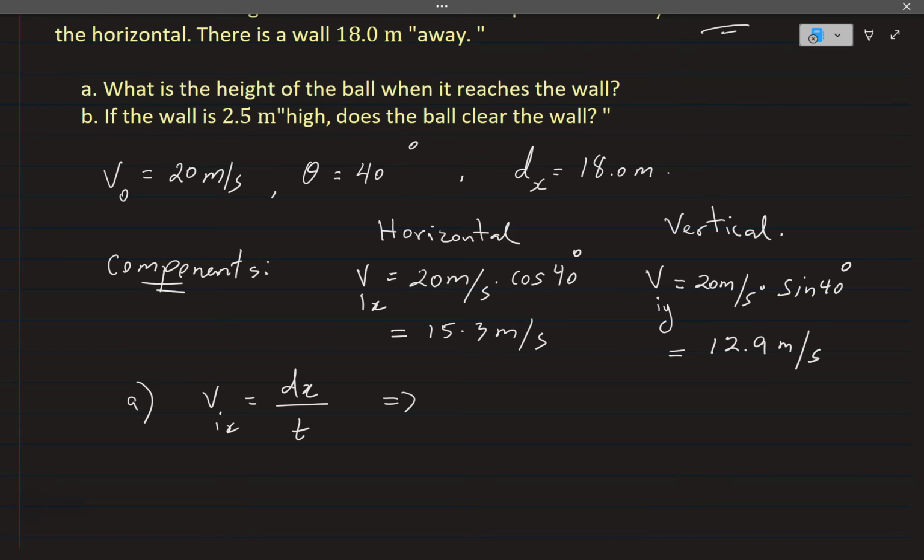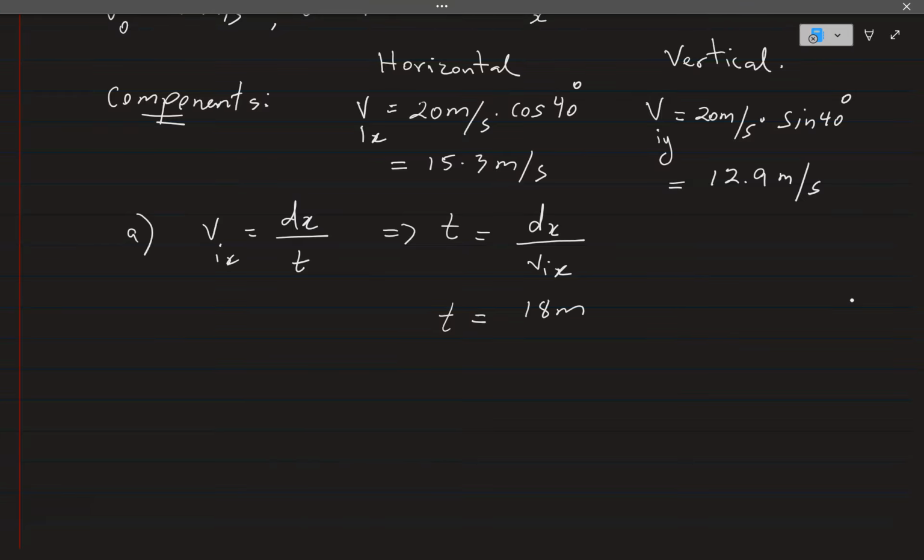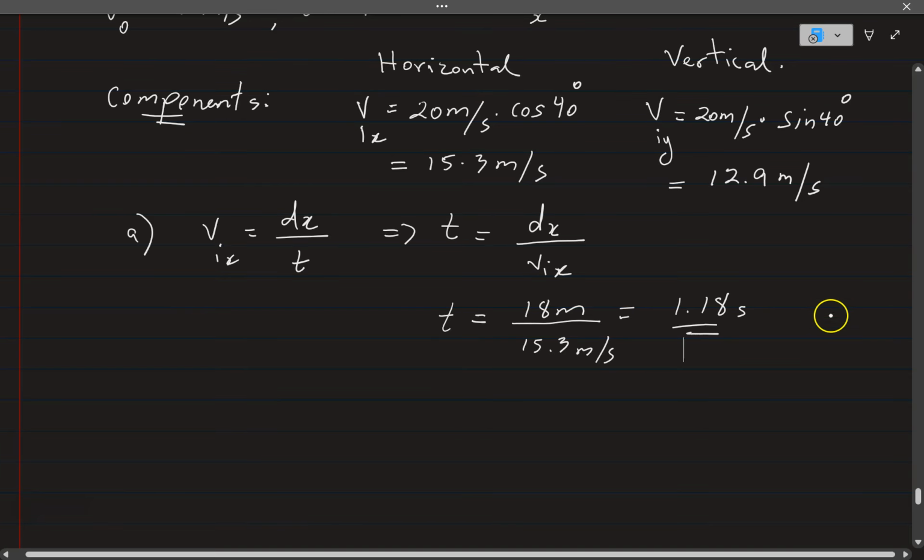Now we're solving for t, rearranging the formula, and that would be t equals dx divided by v_ix. Simply substitute values: 18 meters divided by the horizontal component of the velocity, 15.3 meters per second, and our answer will be 1.18 seconds. That is the time that it reaches the wall.